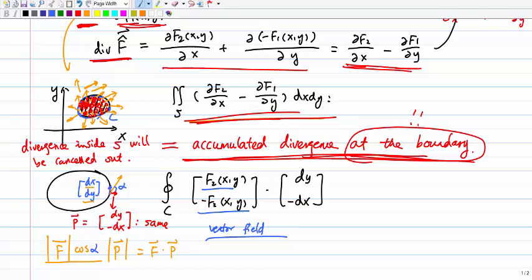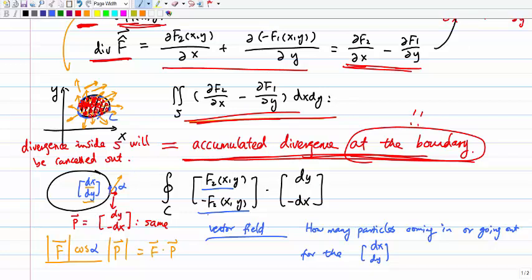I want to talk about how many particles are coming in or going out for this tiny bit dx dy, a little piece. When you integrate all of these, you get the divergence over all the boundaries.